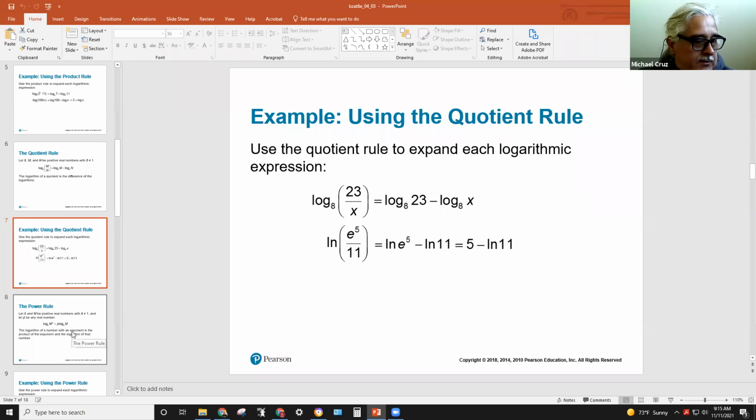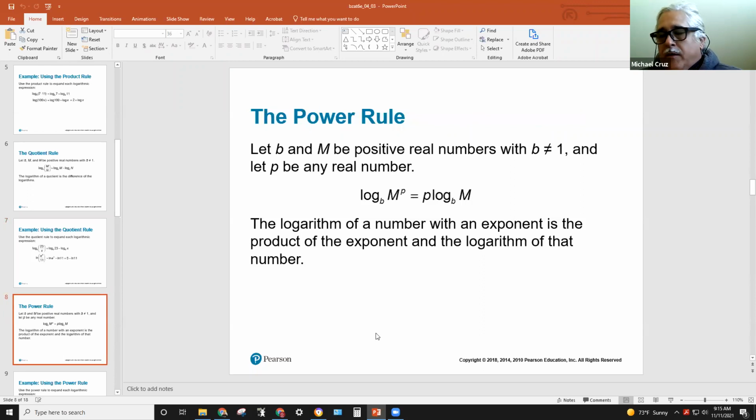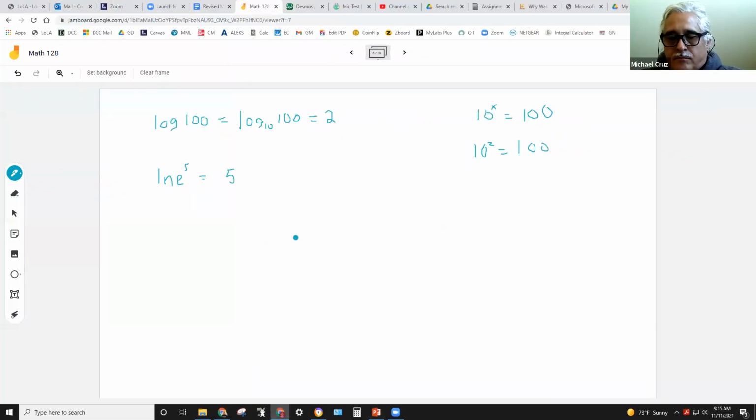All right, any questions? Just stop me if you need anything. All right, and the last one is the power rule. I'm reviewing these because they will help a little bit. The power rule in dealing with exponents is basically like this.